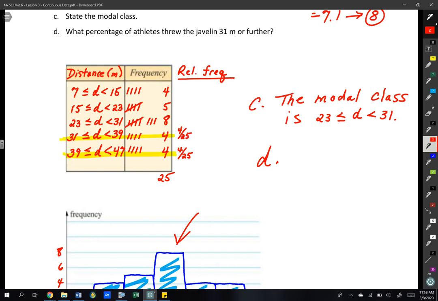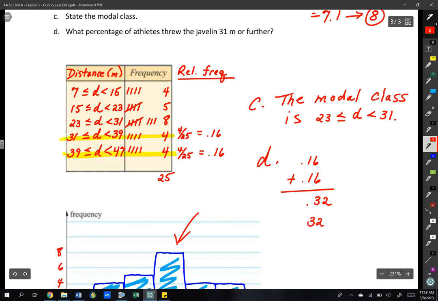And 4 divided by 25 is 0.16. All right, so we've got 0.16 plus 0.16 gives us 0.32, which is 32%. So the percentage of athletes that threw the javelin 31 meters or further is 32%.